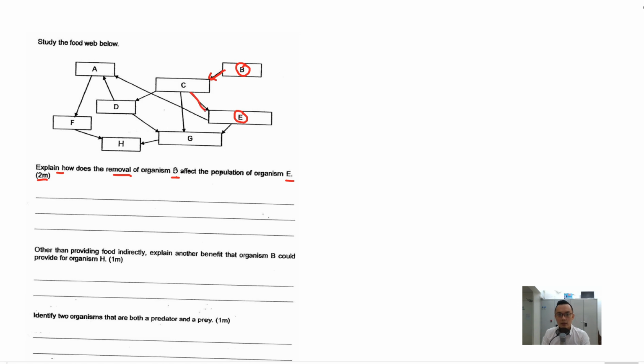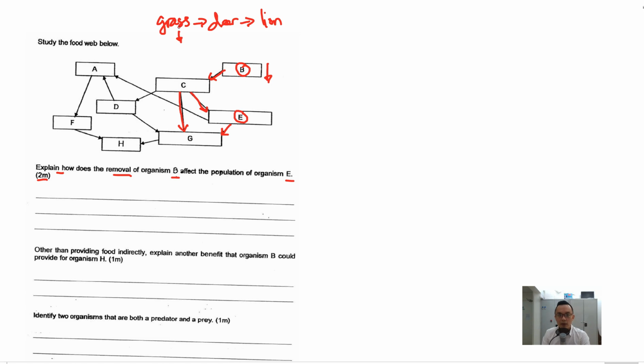And let's trace out how B affects E. So B, C, and you have C to G, so just trace it out first and see what you get. And the next thing I always do is I'll write down grass, deer, and lion. If B is going to be removed, B will go down. B is at the back of the arrow, C is at the front of the arrow.